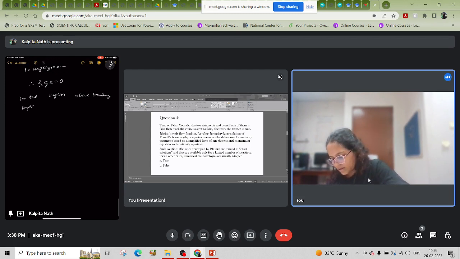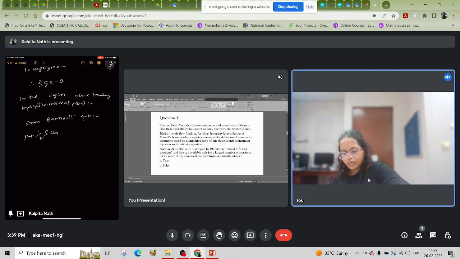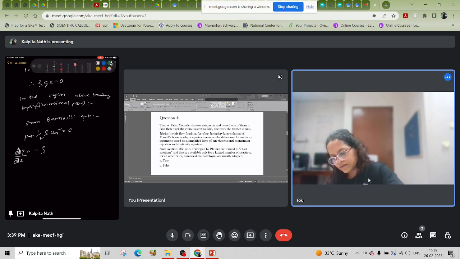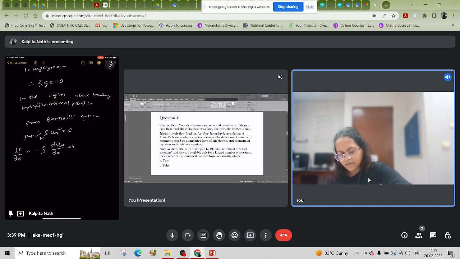In the region above the boundary layer, that is the irrotational flow or potential flow, if we apply the Bernoulli equation, P plus half rho u infinity square is constant. Let us write it again. dP/dx is equal to minus rho u infinity du infinity/dx, which is equal to 0.